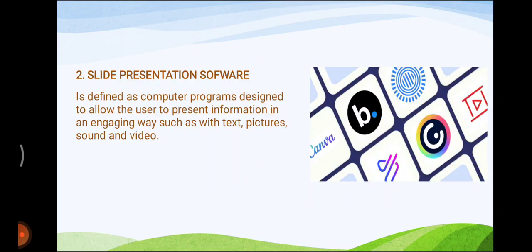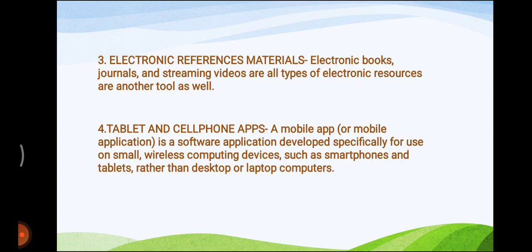So mostly teachers and even students are using this slide presentation to make our lesson or our topic more creative and also exciting. So the third one is electronic reference materials. Electronic books, journals, and streaming videos are all types of electronic resources and are another tool as well.